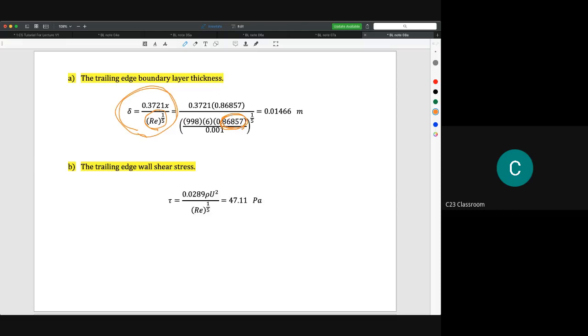So we use the length of plate that only has the turbulent boundary layer. We get 0.01466 meter. At the same time, we can calculate the shear stress at the trailing edge. It is 47.1 Pascal.